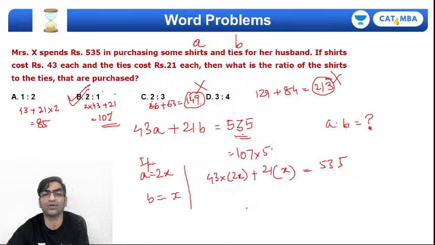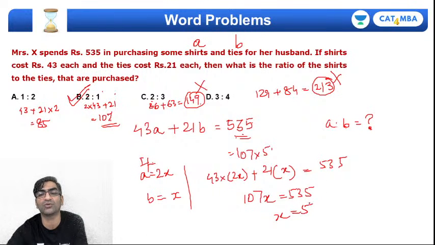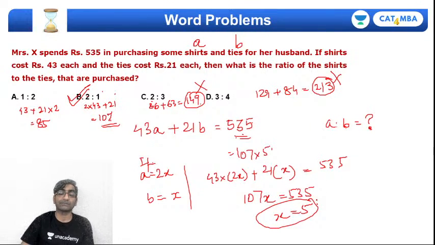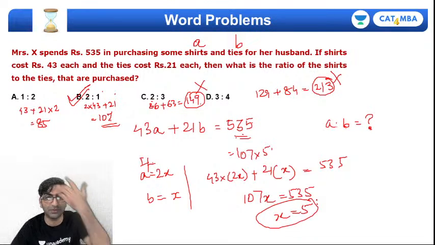That gives me 107x equals 535, which means I'll get an integer value for x, which is 5. And the moment this is an integer value, I know that this is a realistic distribution of my money. At least that gives me this ratio.